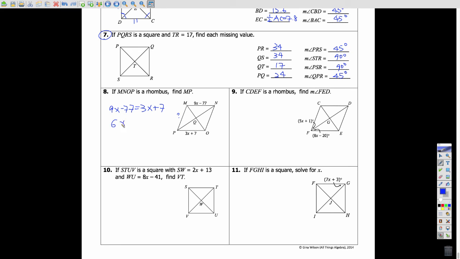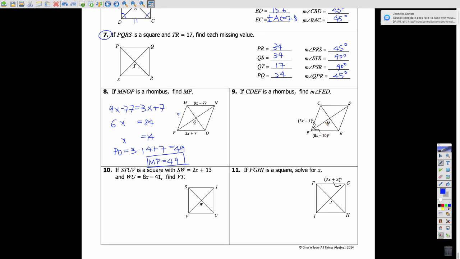And I will have 6x equals 84, and x equals 14. And now I can place it in anywhere. I can do PO at 3 times 14 plus 7. So I should have 49. And if PO is 49, MP should be 49 as well.